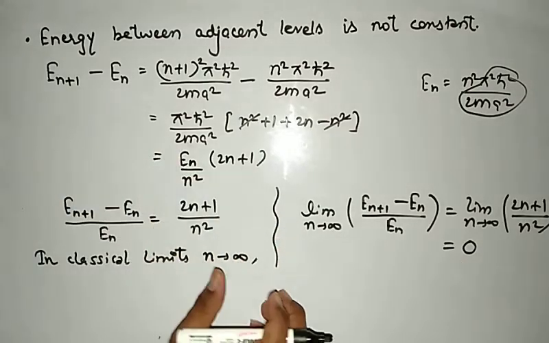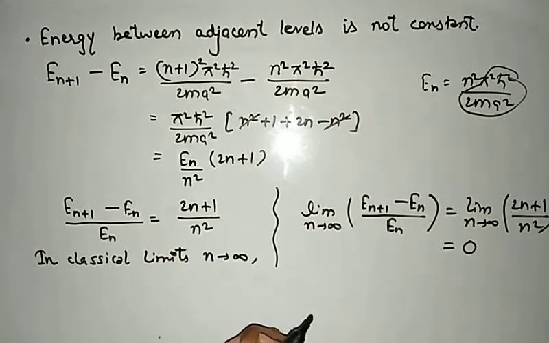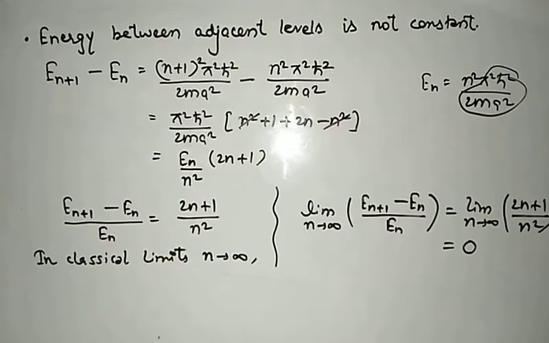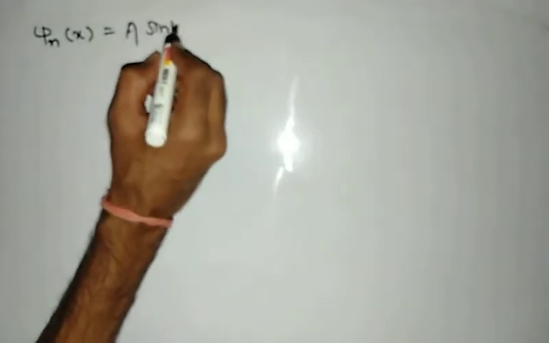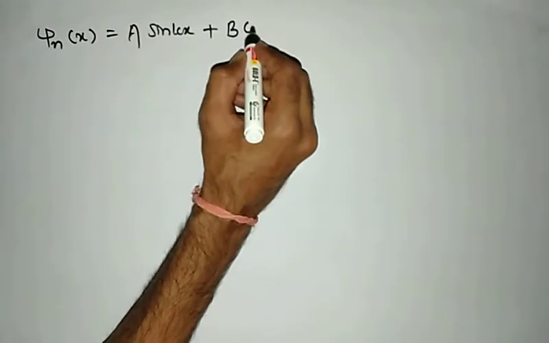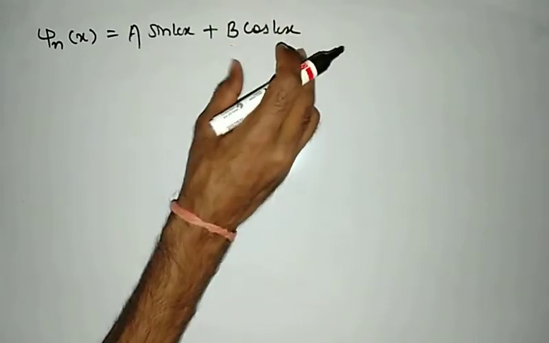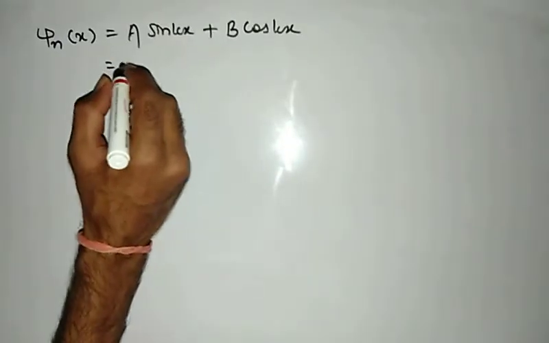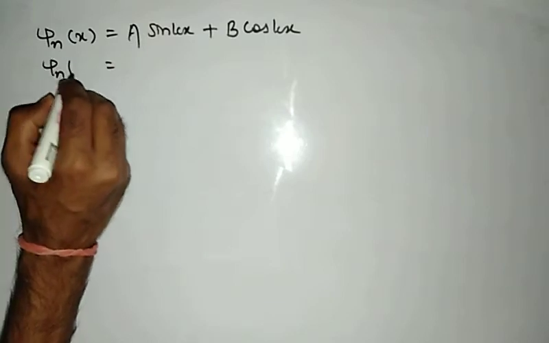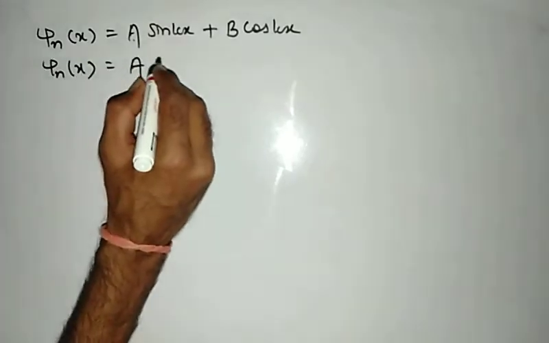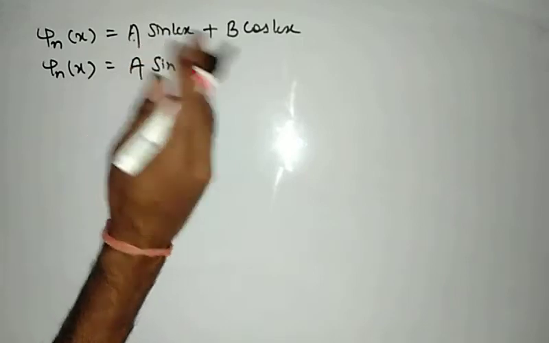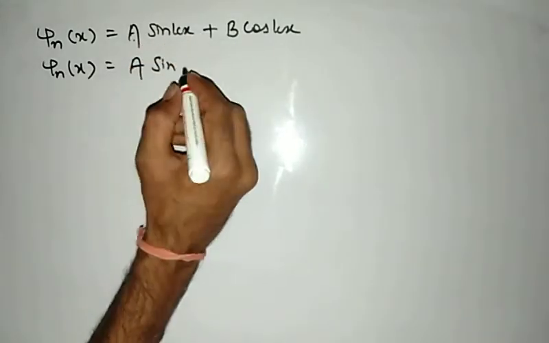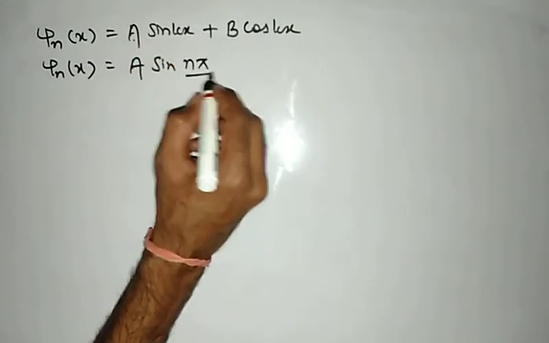Okay, so this is a short discussion of energy, and now we treat the wave function. The wave function is psi n(x) = A sin kx + B cos kx, and here we found that k_n is n pi by a.